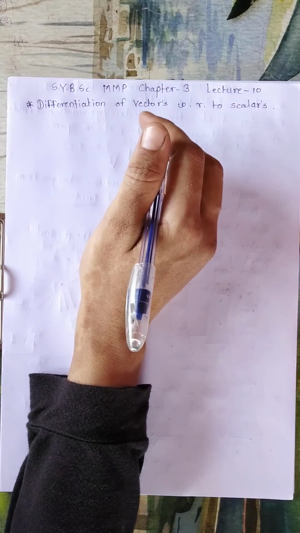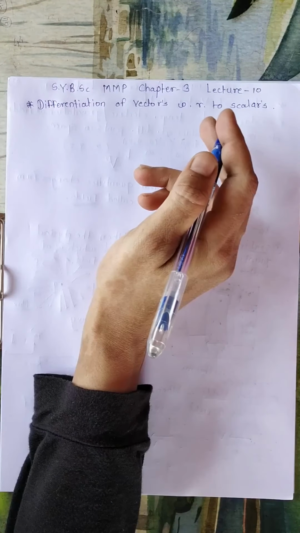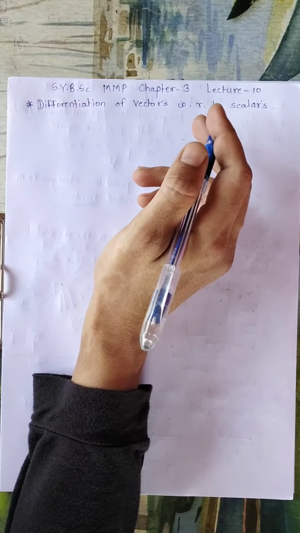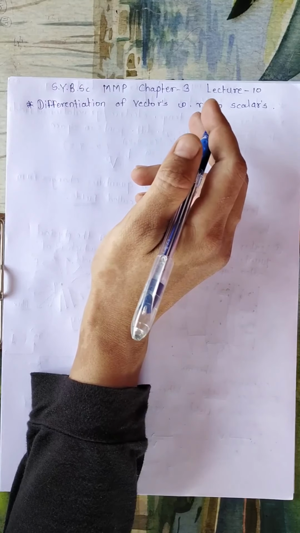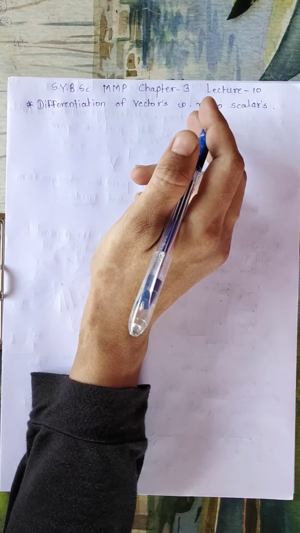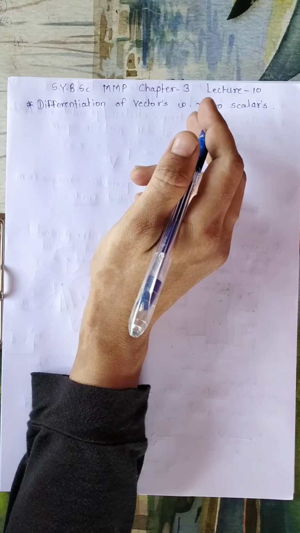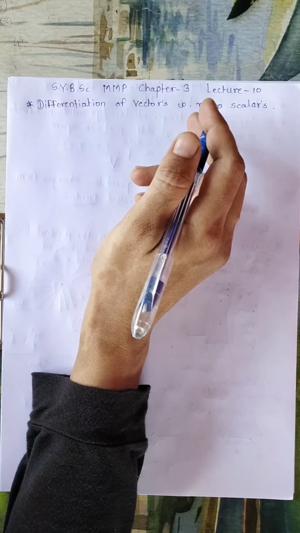For example, in Newton's law, the definition of force gives that force is proportional to the time rate of change of linear momentum. Another example is electromagnetic induction, where induced EMF is proportional to the time rate of change of magnetic flux.